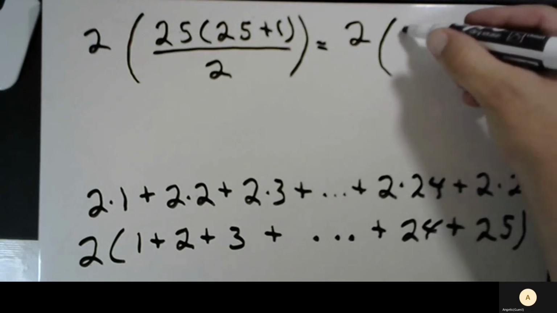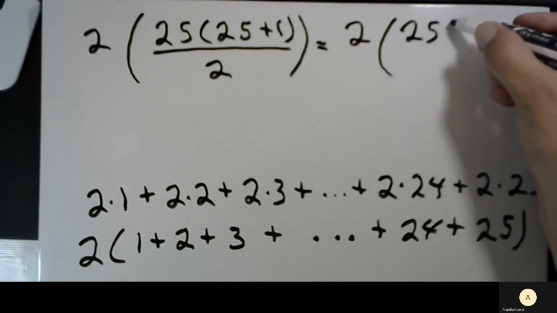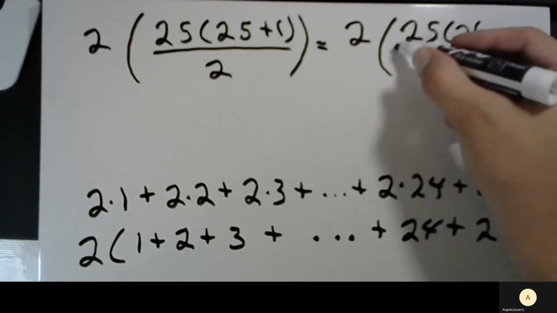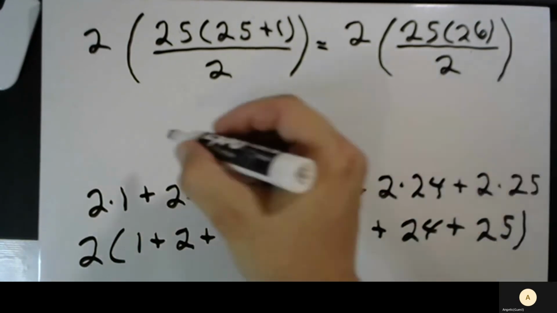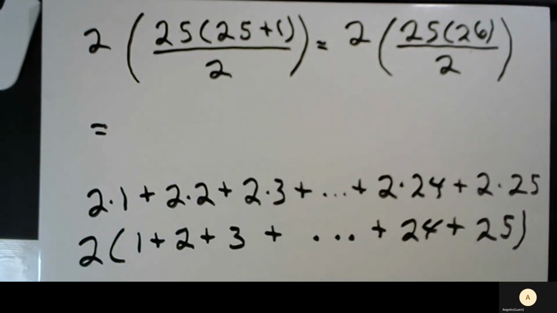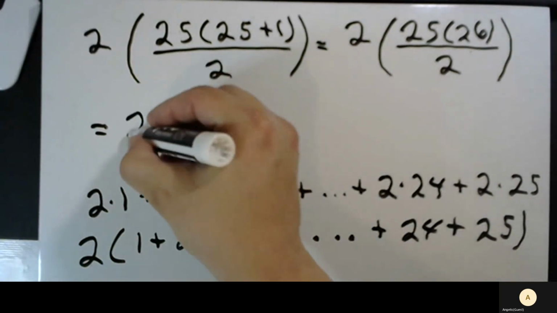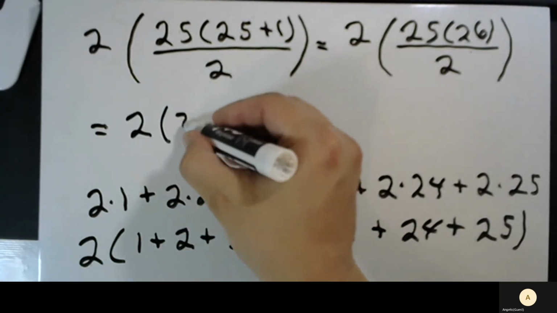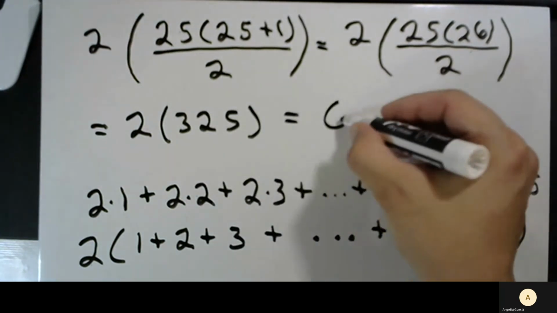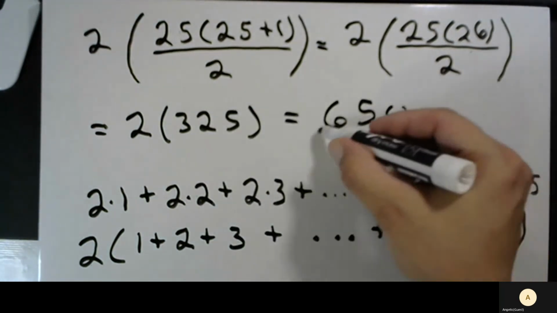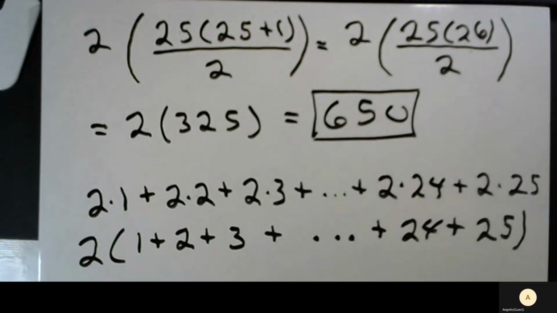We can do the computation fully on the inside, again following our PEMDAS. So here, 25 times 26 divided by 2, and we'll get 650.